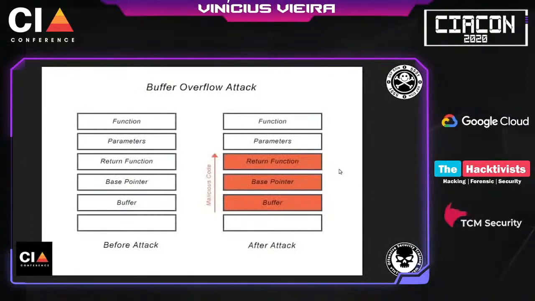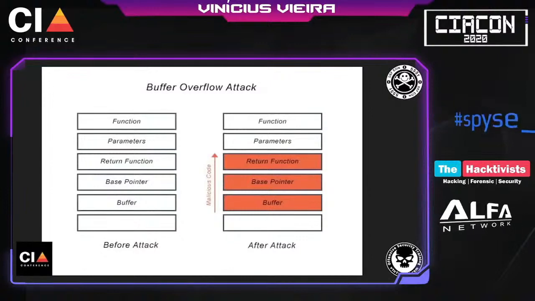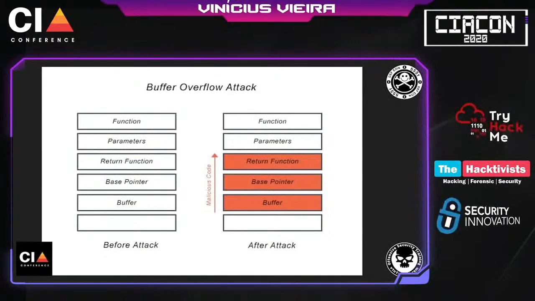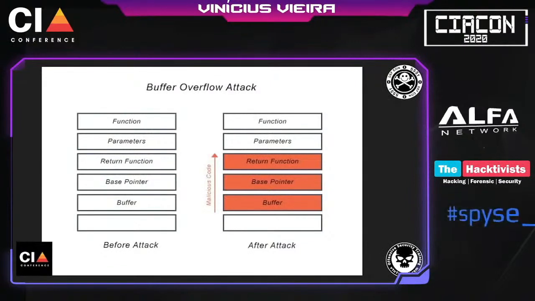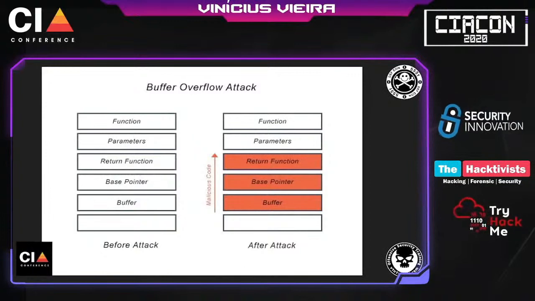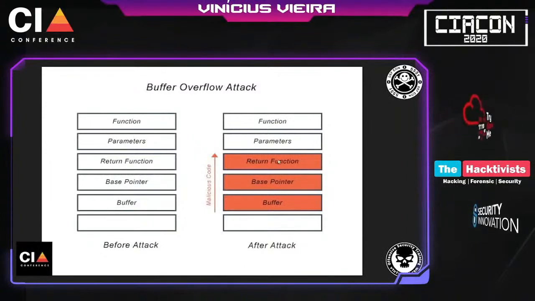According to Wikipedia, a stack buffer overflow occurs when a program writes to a memory address on the program's call stack outside of the intended data structure, which is usually a fixed length buffer. Stack buffer overflow bugs are caused when a program writes more data to a buffer located on the stack than what is actually allocated for that buffer.